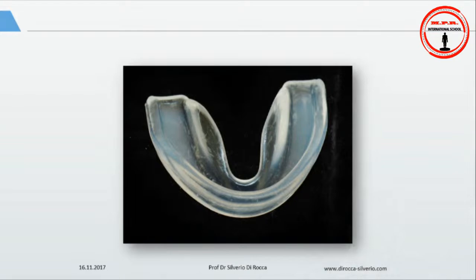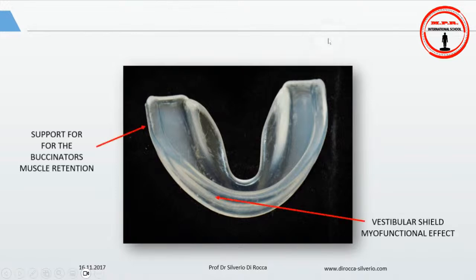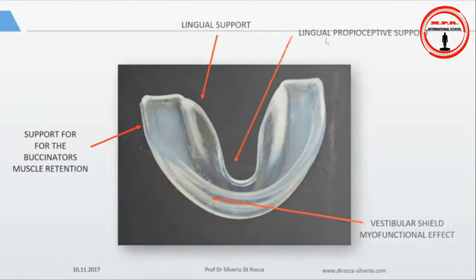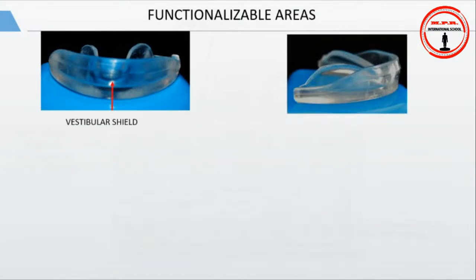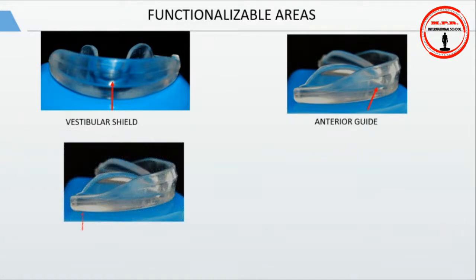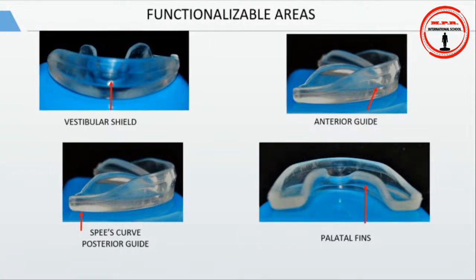And the main goal is the material. This material, with the temperature of the body, is adapting, deprogramming the jaw. I have different parts here, part of the course, but just to show you different parts that you can adapt: the functional vestibular area, the area of connector, the anterior guide, curve of Spee, all these things you can adapt anytime.